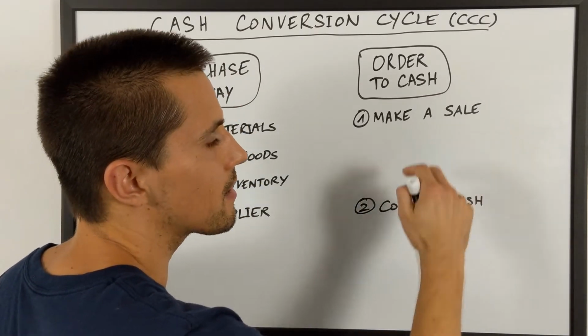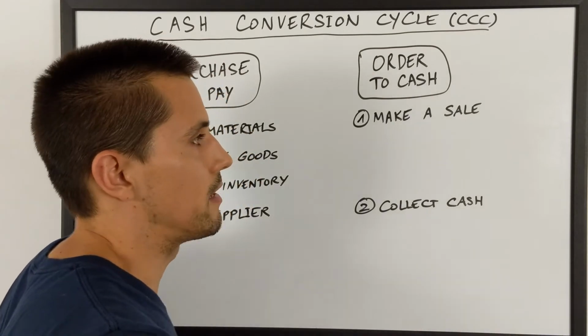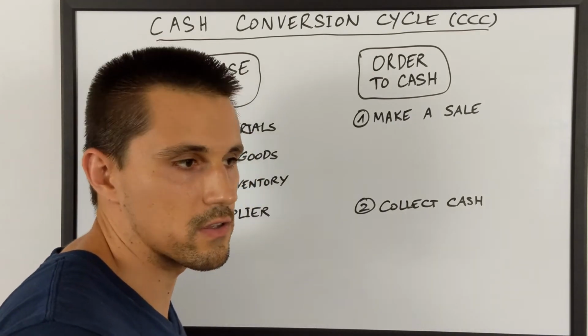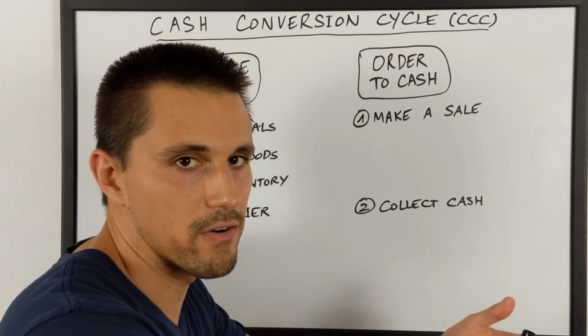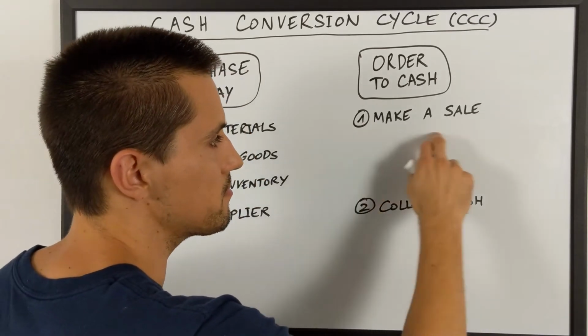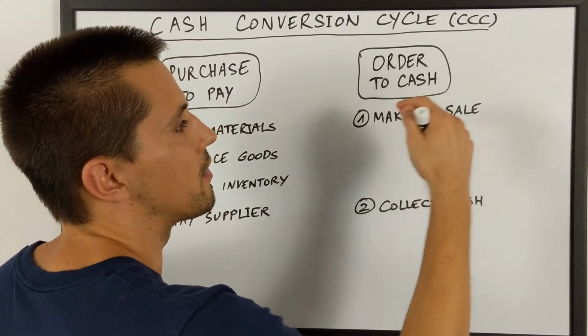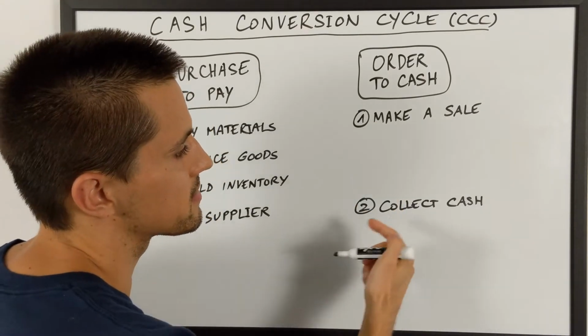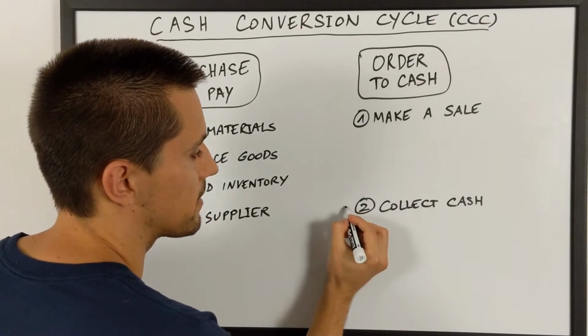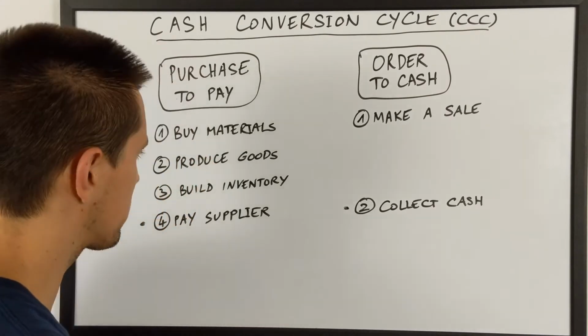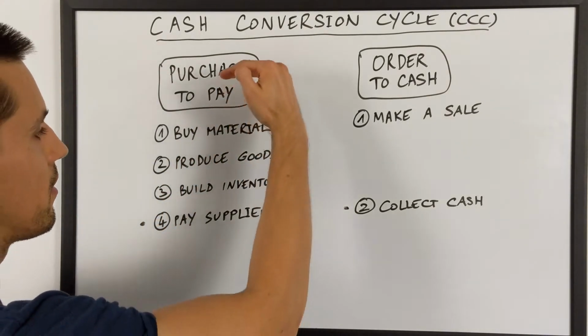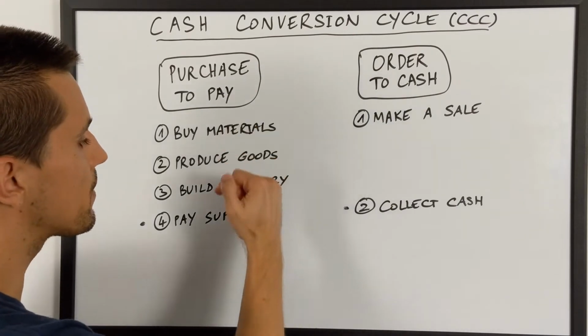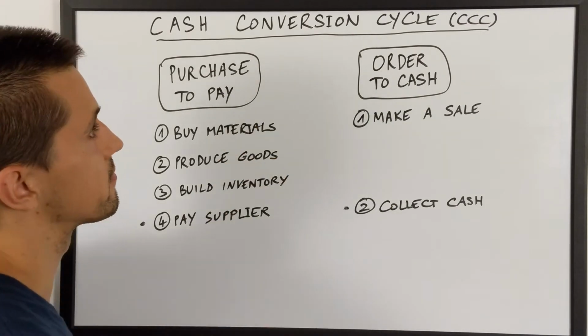When you're making a sale, you are not getting the money right now because you're not a private person. You're not going to Apple and paying for your iPhone right now. So when you're making a sale, you're not getting the cash instantly, which means that only the second point here has cash involved. So you see that a lot of stuff in both processes is happening before cash is involved.